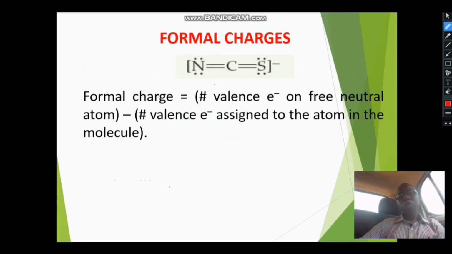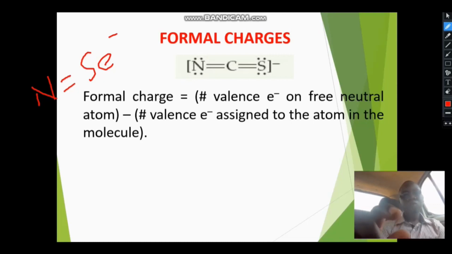Let's move now to the second Lewis structure, and let's start with nitrogen. Nitrogen has valence electrons of a free atom of 5 electrons. Now, what are the electrons in this molecule associated to nitrogen? We have 2 lone pairs and 2 bonds. For the lone pairs, we get all of the electrons.